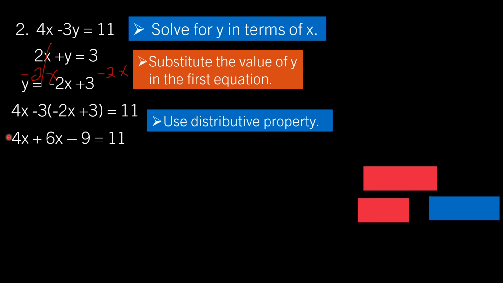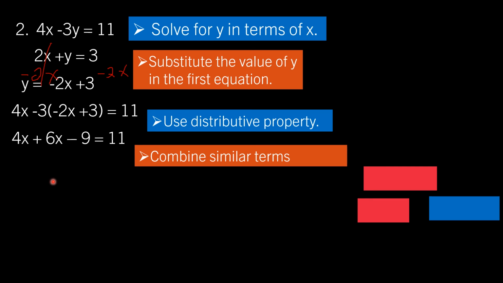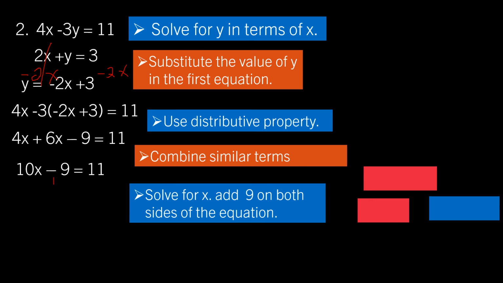Now, we can combine these terms. 4x plus 6x, and that is equal to 10x. Minus 9 is equal to 11. Now, we need to get rid of 9 here, which means we're going to add 9 on both sides of the equation to get rid of this. Oh, sorry, that's 9.